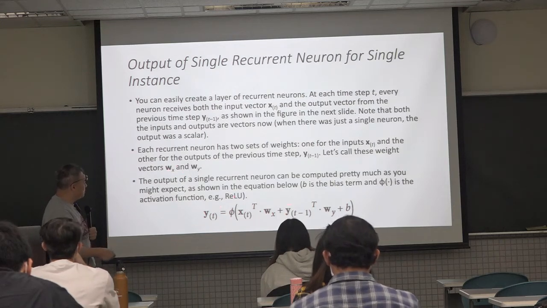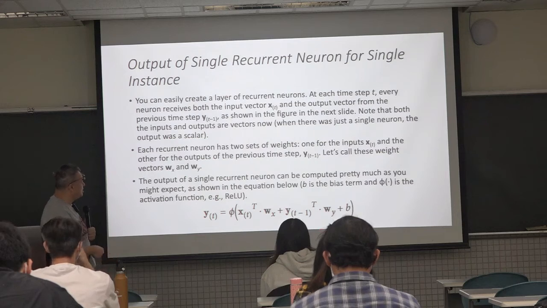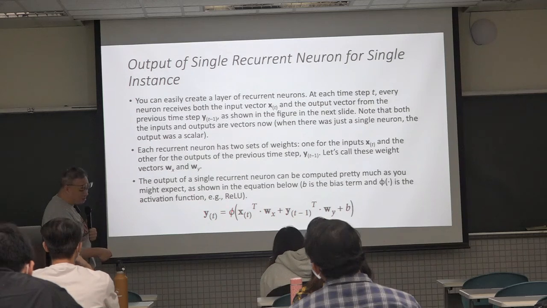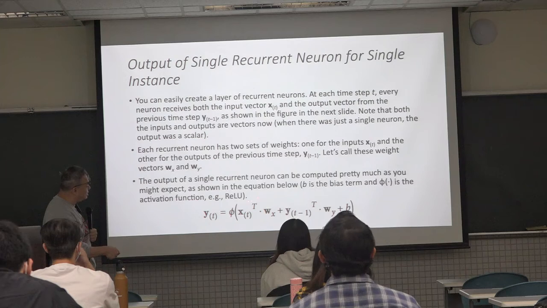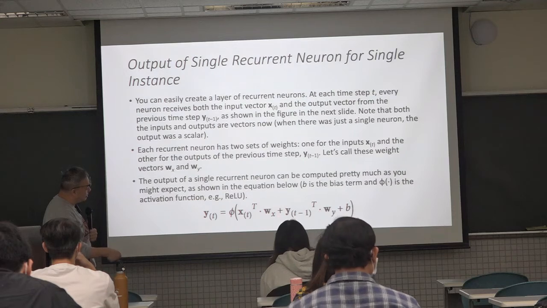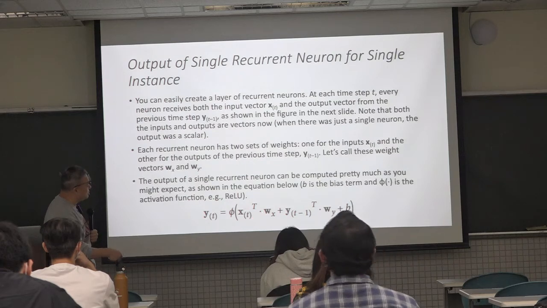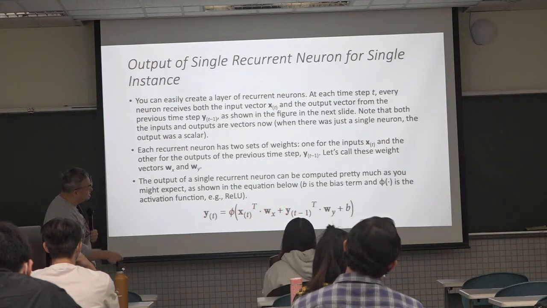If we write it in matrix format, it's going to be something like that. This Greek letter is phi, and phi is the activation function. Inside it is basically a weighted sum: the input xt multiplied with the weight wx, plus the previous output yt-1 multiplied by wy.